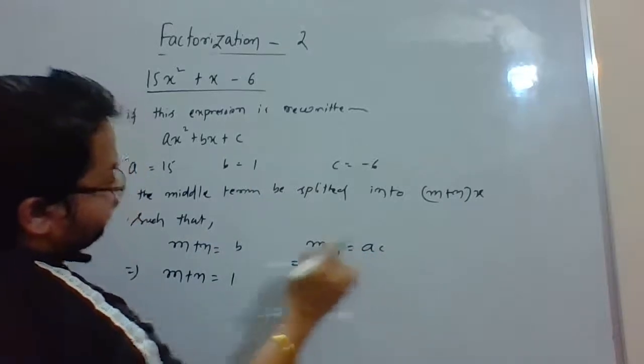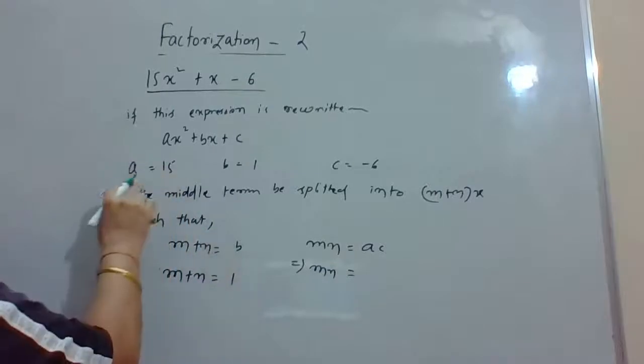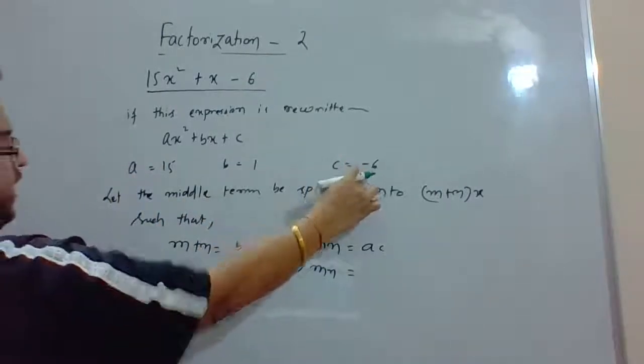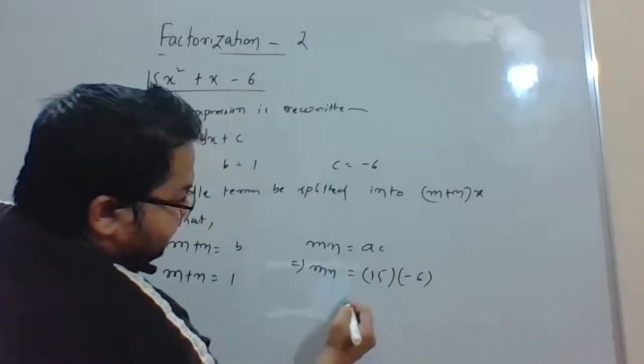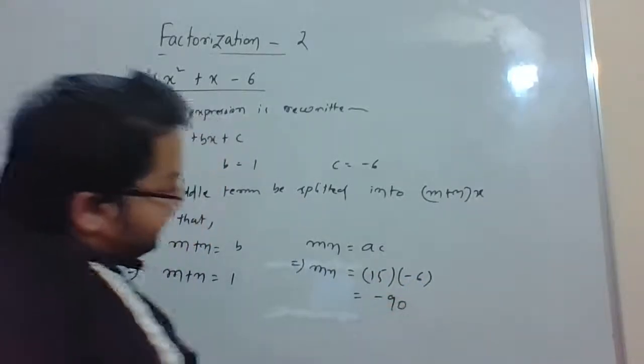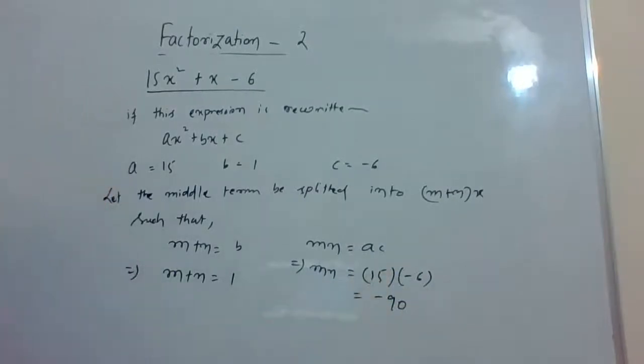So mn here is a is 15, c is minus 6. So 15 into minus 6 is nothing but minus 90.